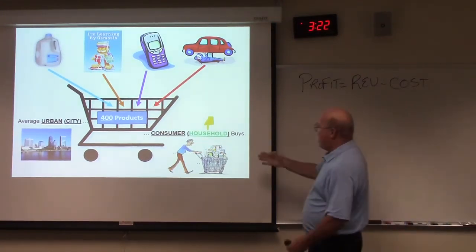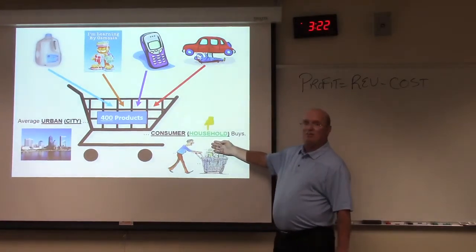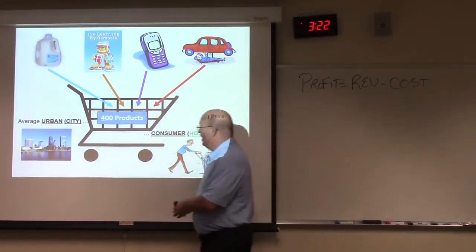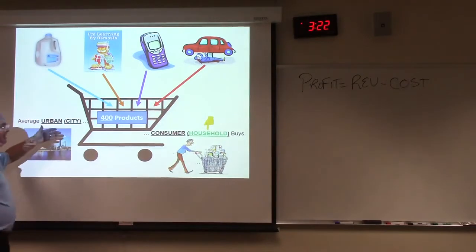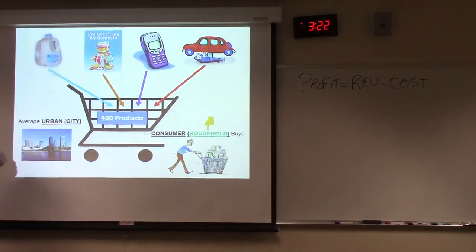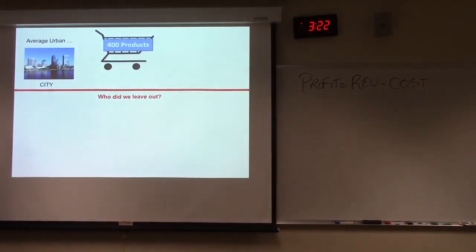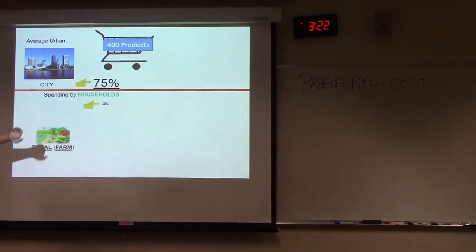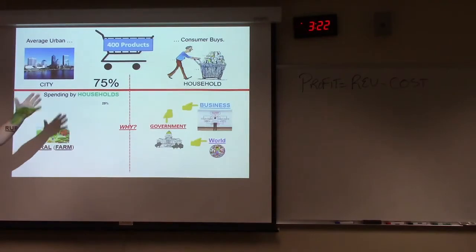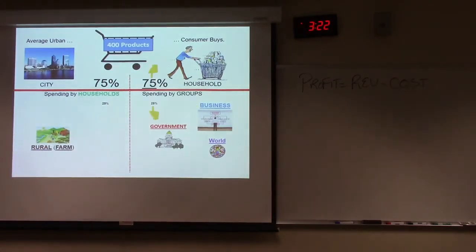So we're leaving out business, government, and the rest of the world, and we're leaving out all the rural folks. So we've got the city, we left out the farm, the rural, we got households, we're leaving out business, government, and the world. Now why?